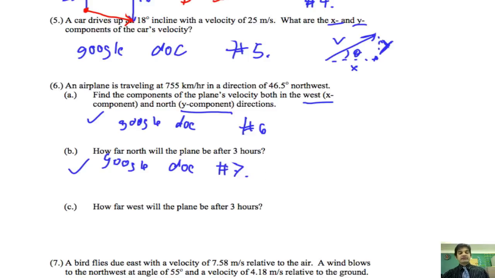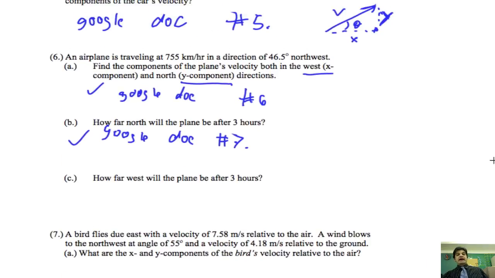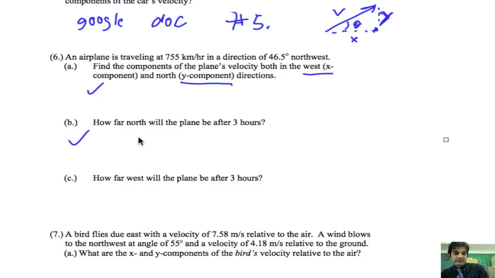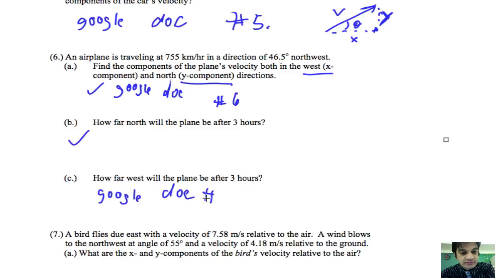Well, this is great. Now, how far west will the plane be after 3 hours? That'll actually be, you know what, I don't want to completely mess you guys up on this. So this Google Doc, we'll actually change this. This will be Google Doc number 6, and we'll make this one Google Doc number 7.